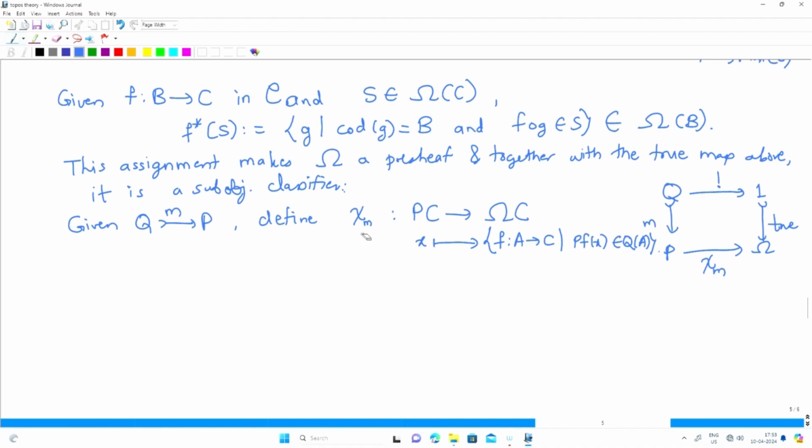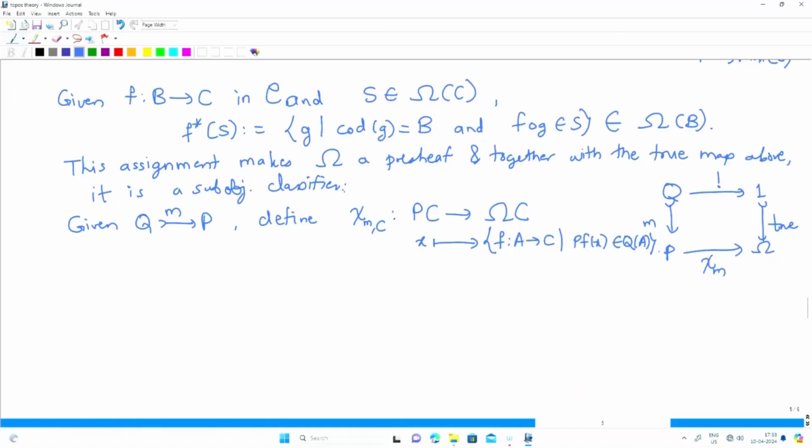Omega of C is the collection of all sieves on C. And I am associating to an individual element X in P C a sieve. Right, so this is the characteristic function of the map M.